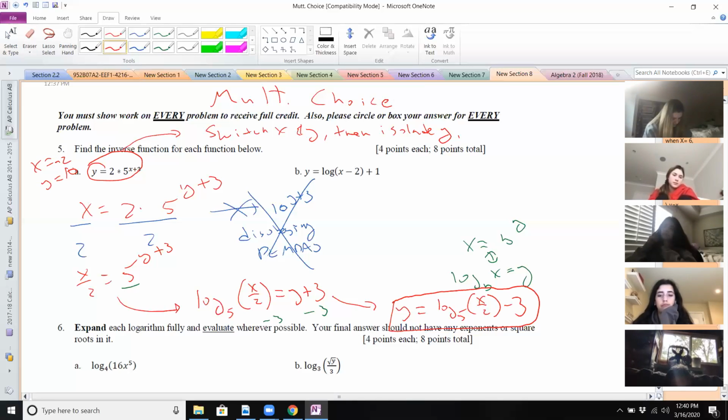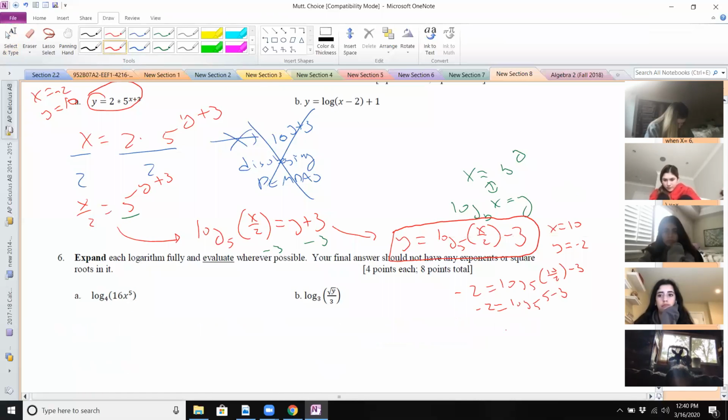Now the whole point of inverse is to switch x and y. So now x is going to be 10 and y is going to be -2. So -2 equals log base 5 of 10 over 2 minus 3, log base 5 of 5.